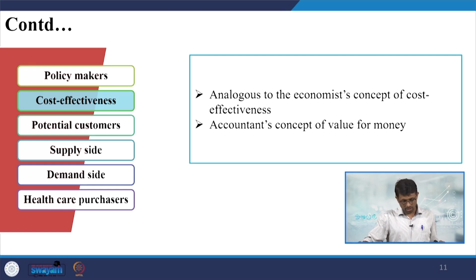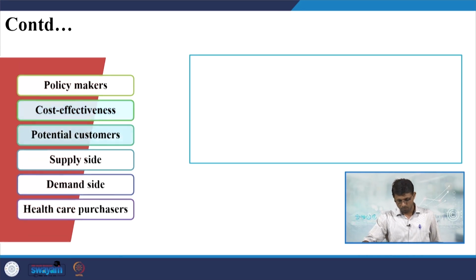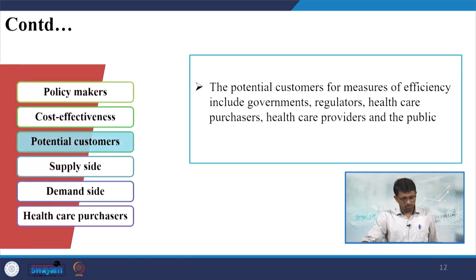This cost-effectiveness analysis is analogous to the economics concept of cost effectiveness, and is also referred to as the accountants' concept of value for money. Another one is potential customers' need. The potential customers for measures of efficiency include governments, regulators, healthcare purchasers, healthcare providers, and the public.